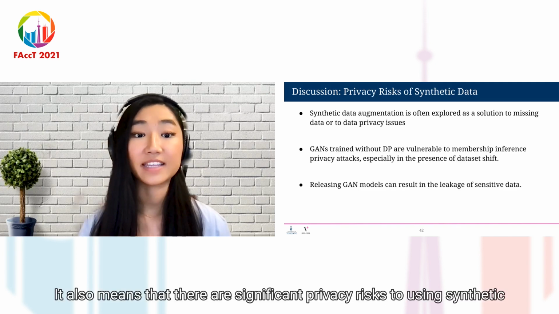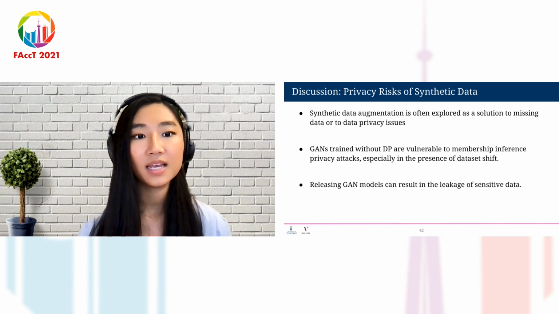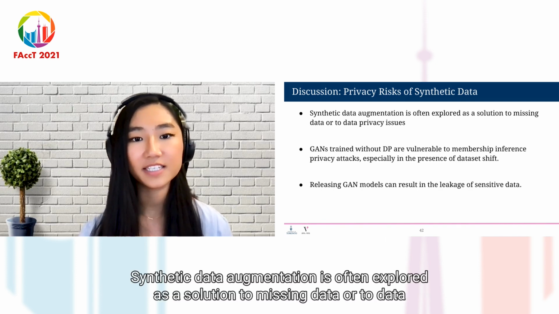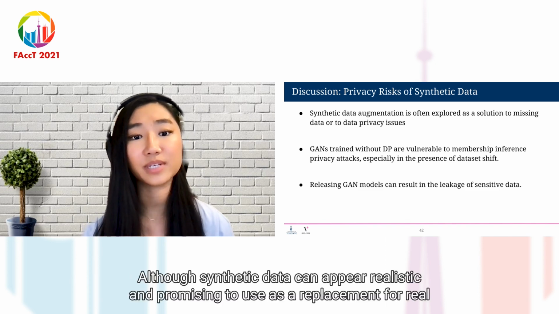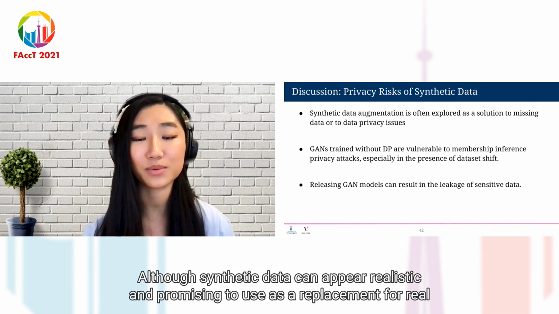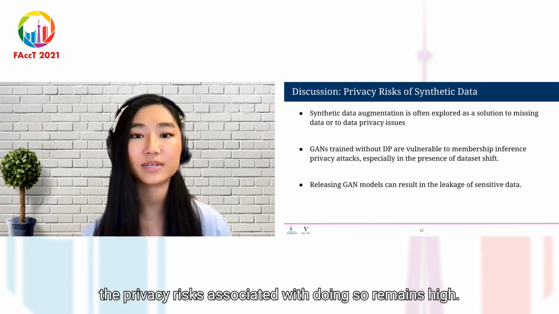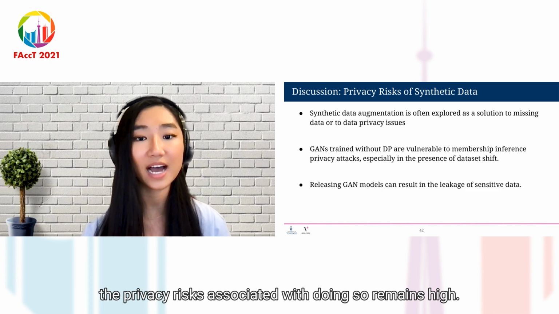It also means that there are significant privacy risks to using synthetic data. Synthetic data augmentation is often explored as a solution to missing data or to data privacy issues. Although synthetic data can appear realistic and promising to use as a replacement for real data, the privacy risk associated with doing so remains high.